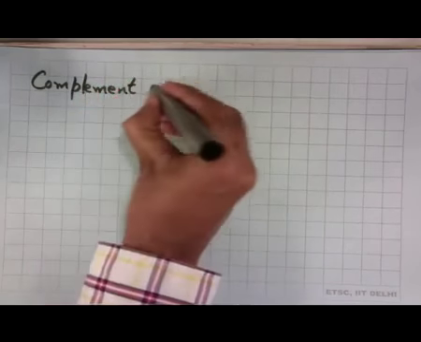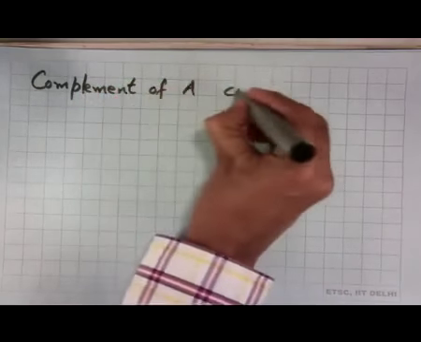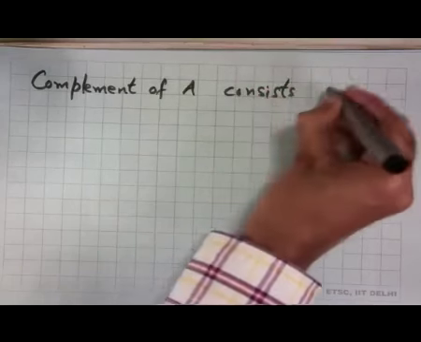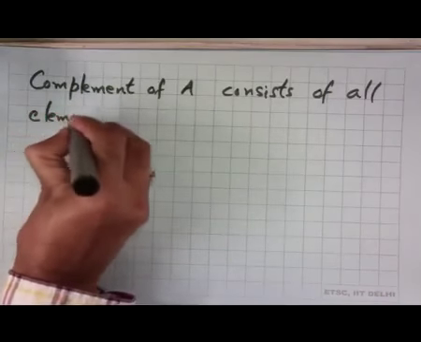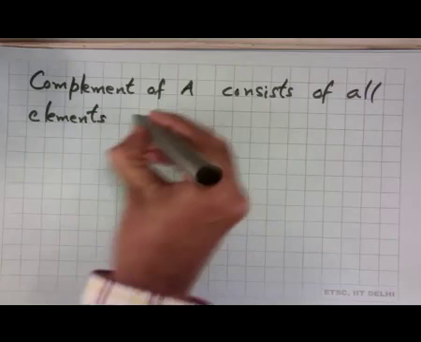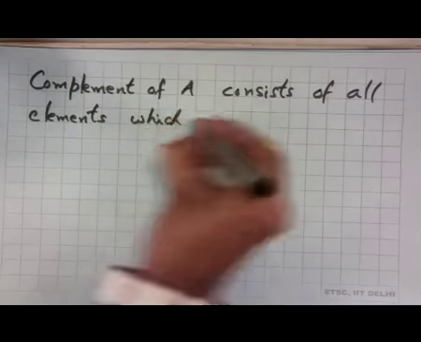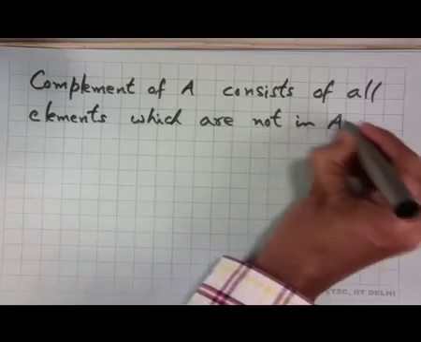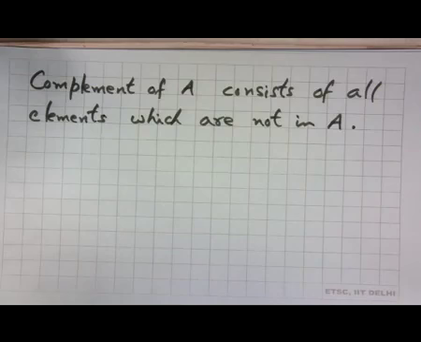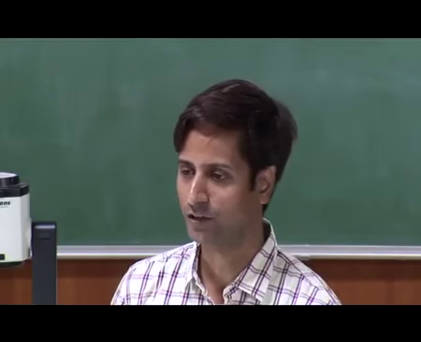The complement of A consists of all elements which are not in A. So, to say complement, we always have a bigger set and a subset, and then the complement is with respect to that bigger set which we call the universal set.